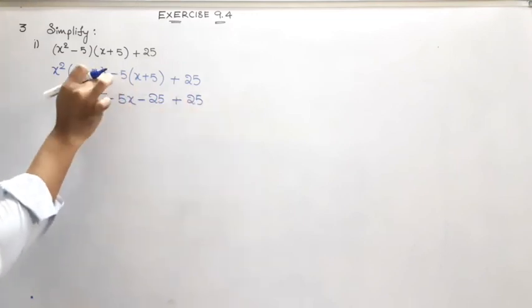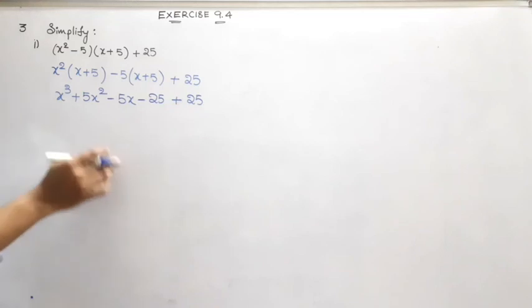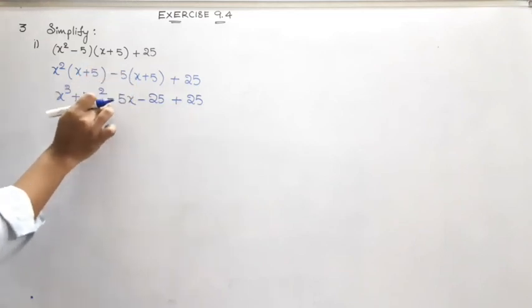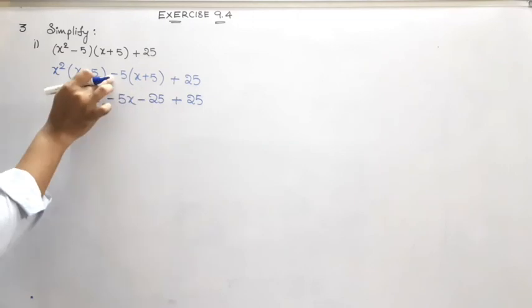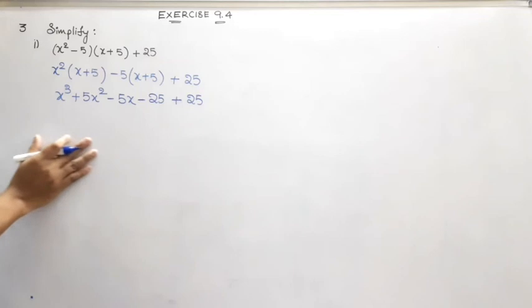As I am saying, whenever you see minus, then please be careful with the multiplication, children. I wrote minus 5x because minus into plus is minus. If there is no sign, we'll take it plus.